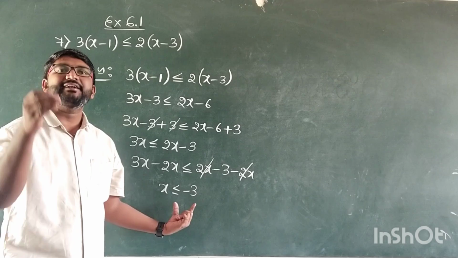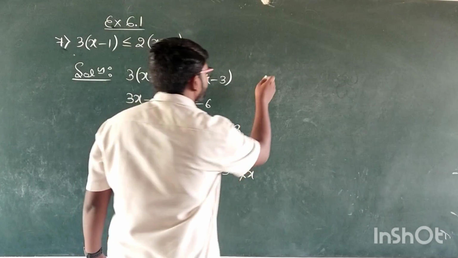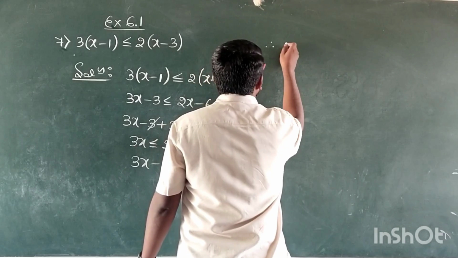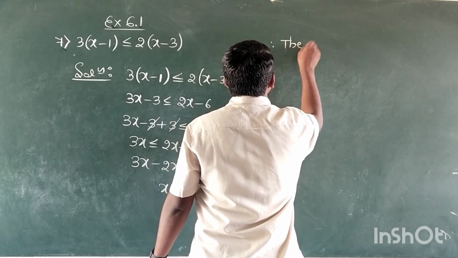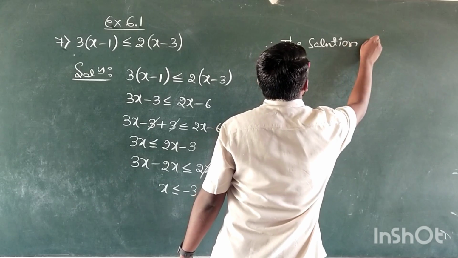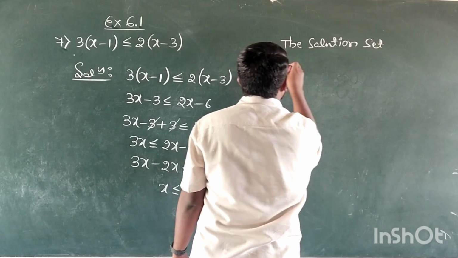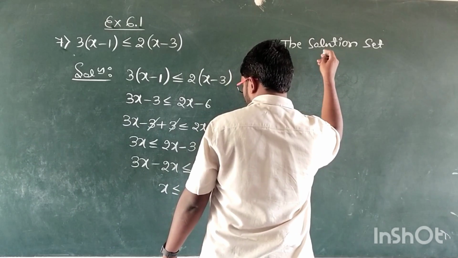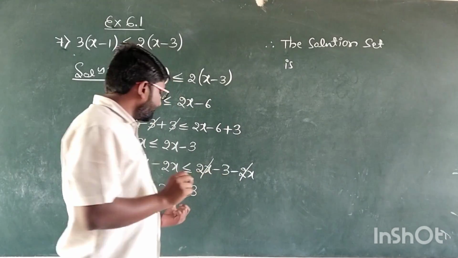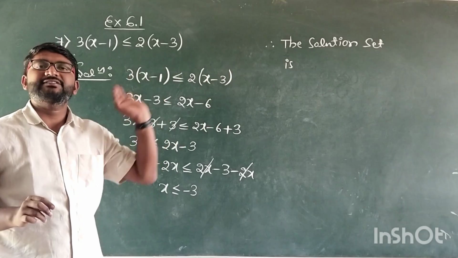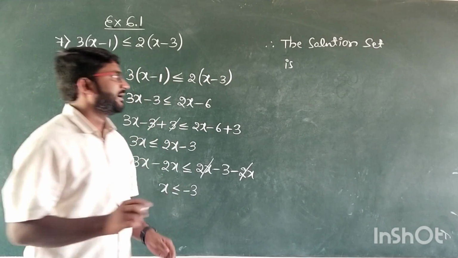So this we have to write in the form of intervals. Therefore the solution set is x less than or equal to minus 3. x must be minus 3 and less than that, that means all the negative numbers and minus 3.